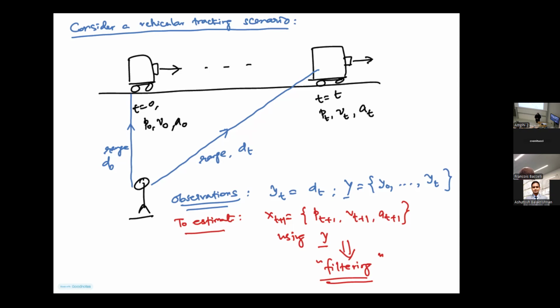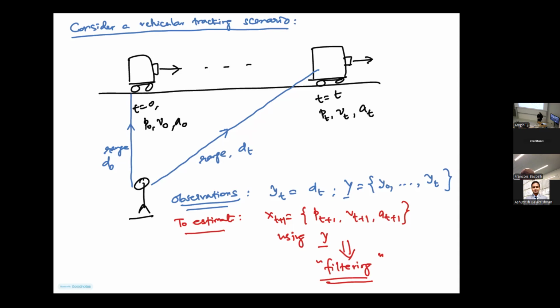The observer needs to measure these states, which are the position, velocity, and acceleration. And the trouble is that we cannot measure these states directly. So we need to take some measurements, which is possibly the range in this case, that is the distance between the observer and the vehicle.